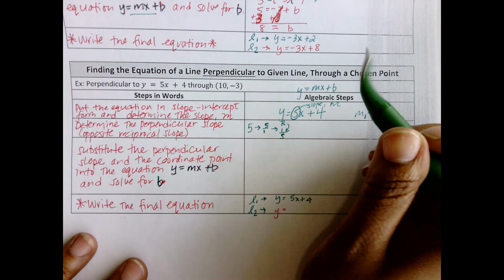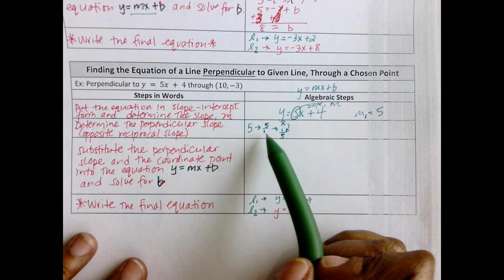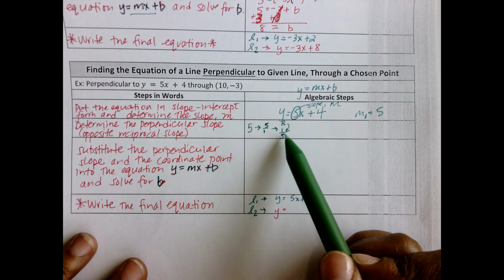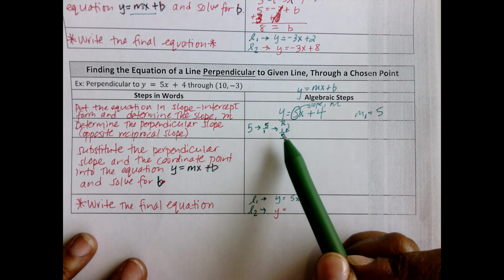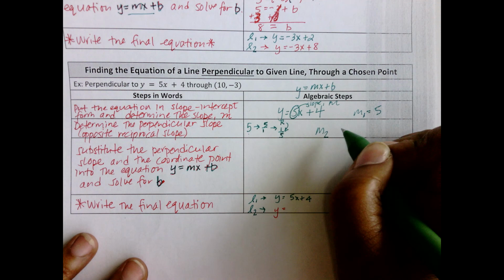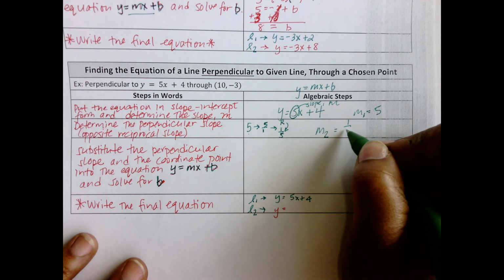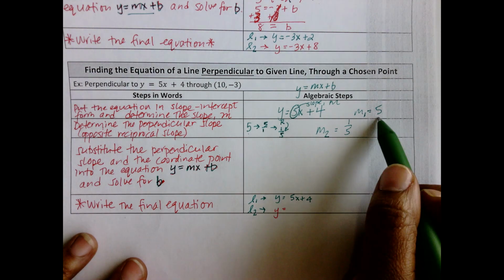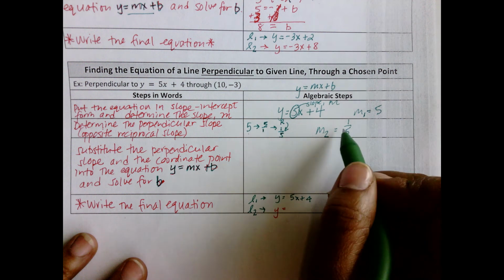The slope of line 2 is going to be 1 over 5. But wait a second. It also has to be the inverse, the opposite sign. Because the original slope is positive, we've got to make this a negative.